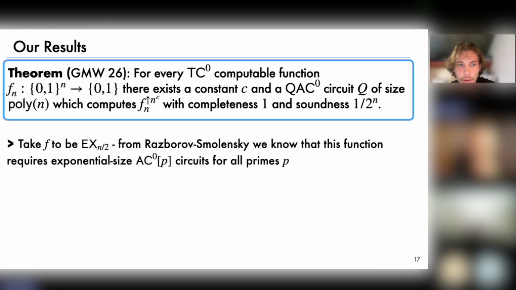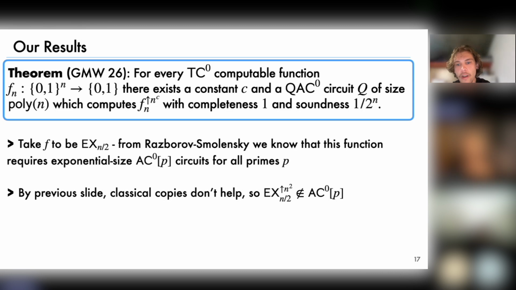So to illustrate this point, let me just say F is this exact n/2 function. We know that exact n/2 is hard for AC0P circuits, for example. Any AC0P circuit computing this function must have exponential size.